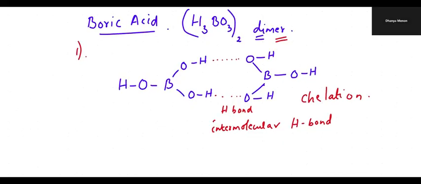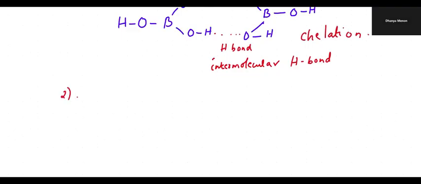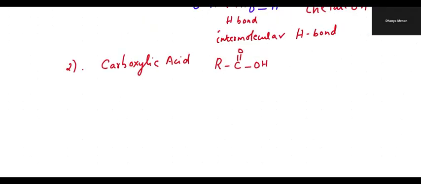Second is carboxylic acid. Carboxylic acid, the formula is RCOOH. Okay. In grade 12, you have the whole lesson on carboxylic acid. Okay. Now, if I have a carboxylic acid like this, OOH.